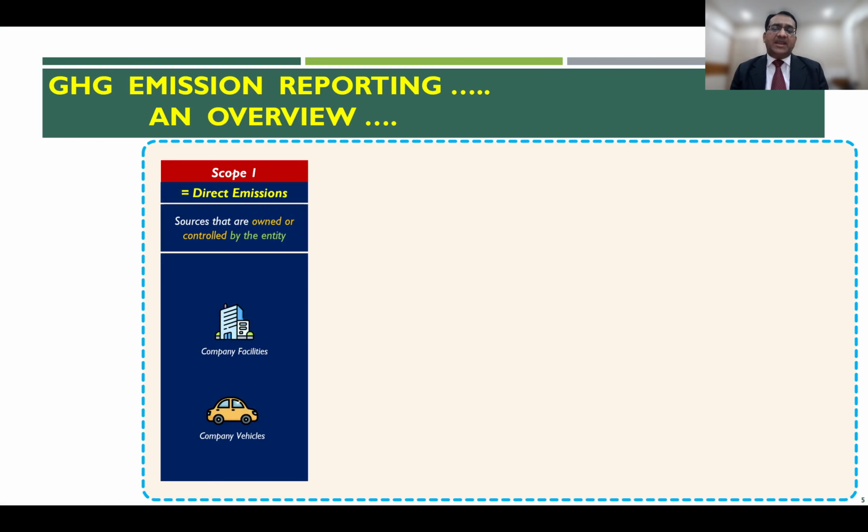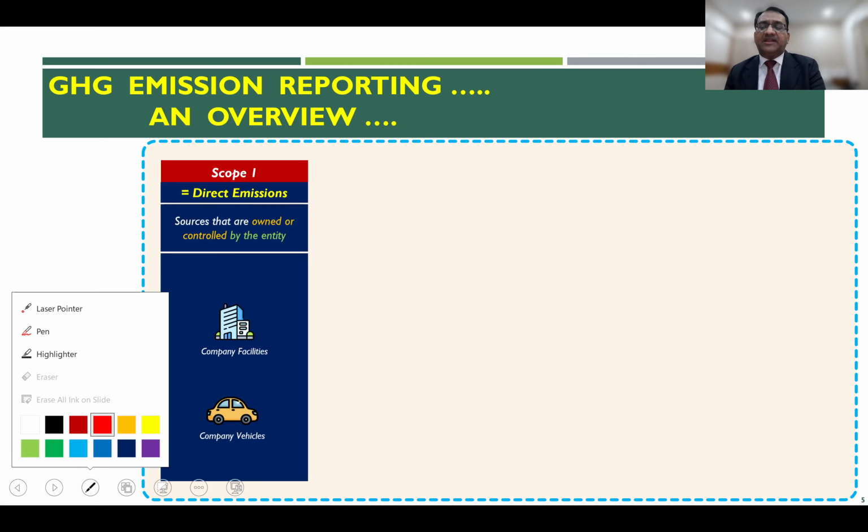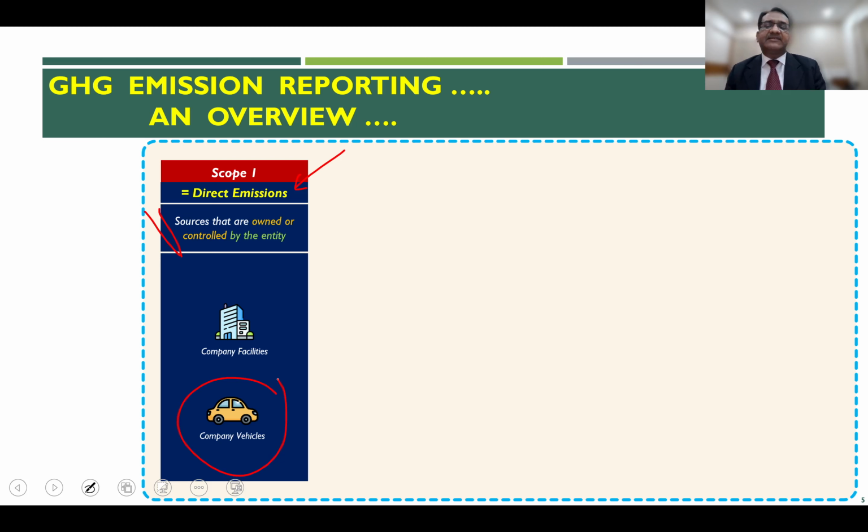Now, scope 1, if you see the slide, scope 1 emissions represent all the direct emissions, which are emanating because of the sources that are owned or controlled by the entity. So the easiest example would be, let's say, a vehicle, a car, or a jet, which is being used by the entity for commuting its executives.